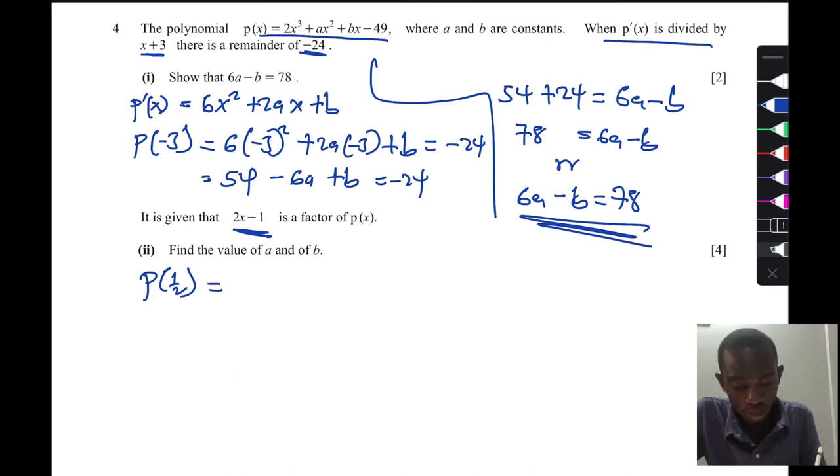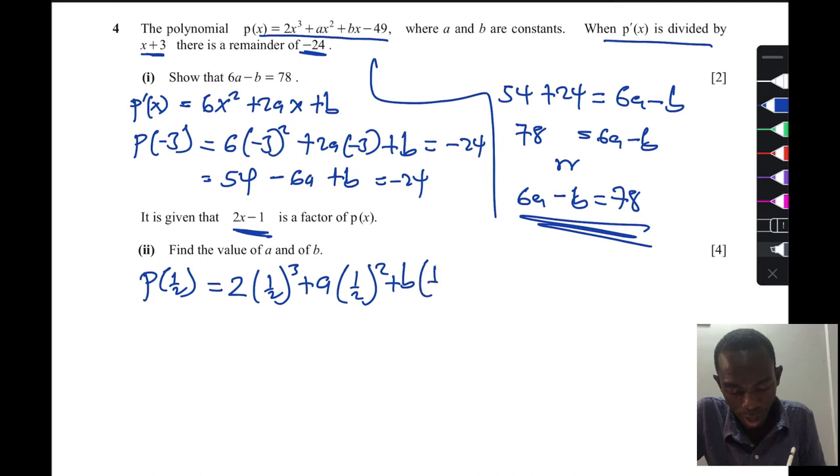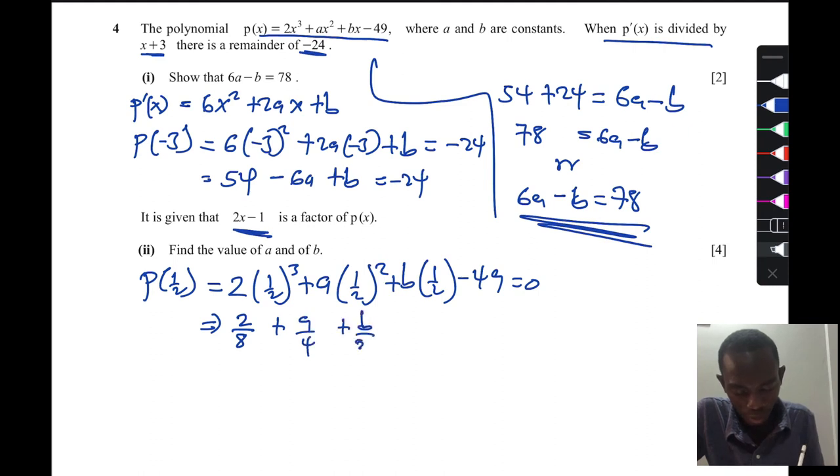So when we put it into p, we have 2 into brackets half cubed plus a half squared plus b into half minus 49. Since it's a factor, we equate to 0. Now that is 2 over 8 plus a over 4 plus b over 2 minus 49 equals 0.